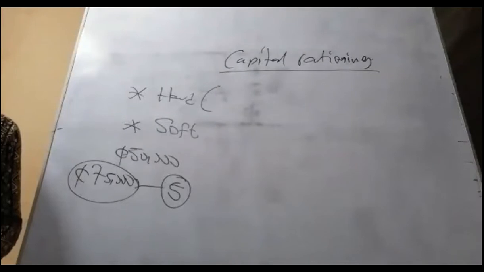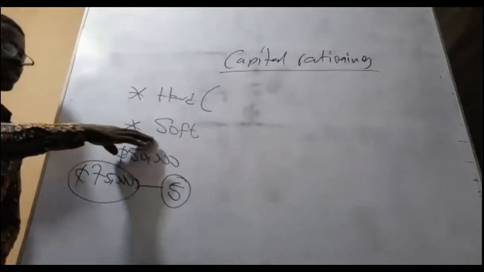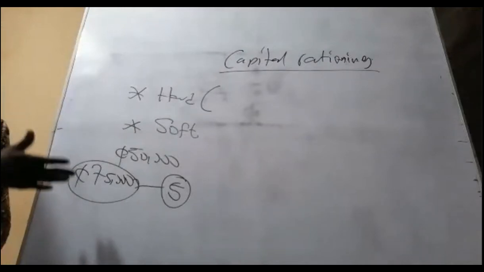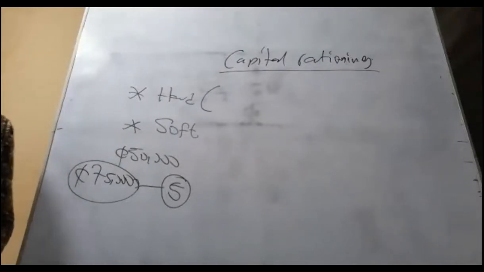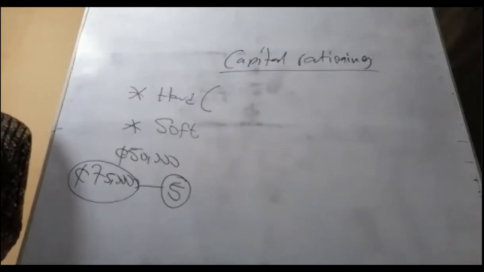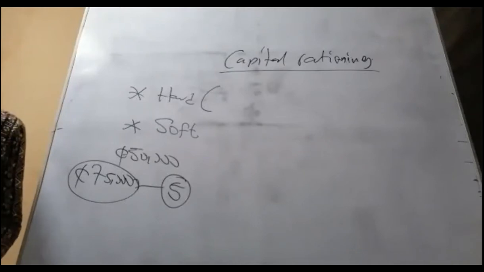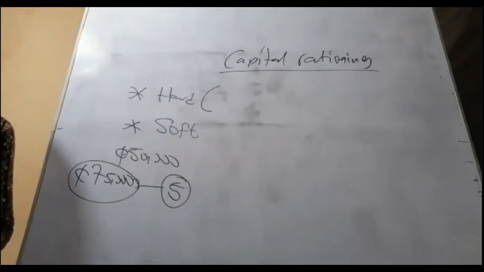Then we have the soft capital rationing. Here the entity can control it, within the entity's ability. Like poor managerial skills or the entity's internal budget. Every organization has its budget.